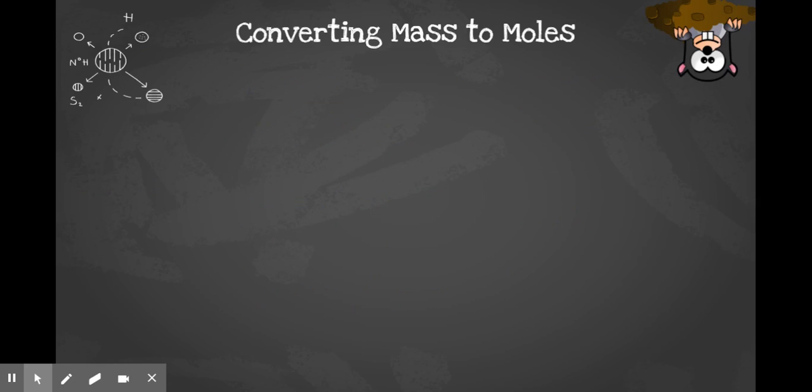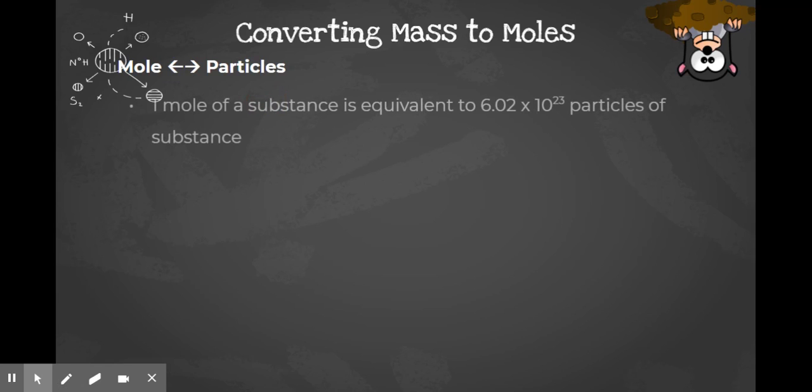When we convert from mass to moles, we talked about how to convert grams to moles last week, both on Wednesday and Thursday. You did some of that. But we also can convert from a mole to the number of particles, which is usually either talking about atoms or molecules. But we can convert between the two.